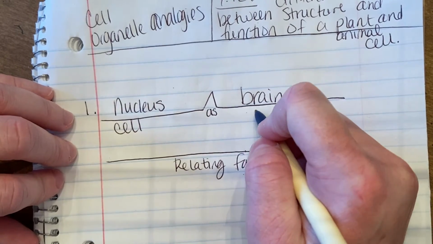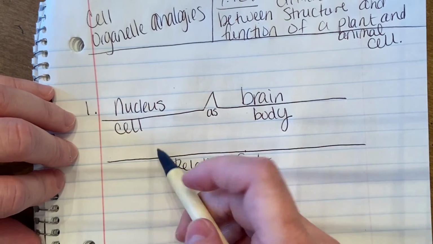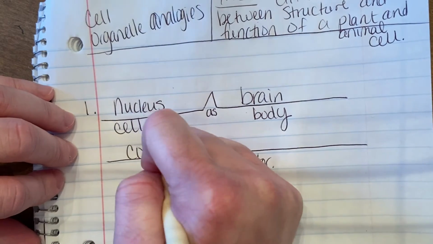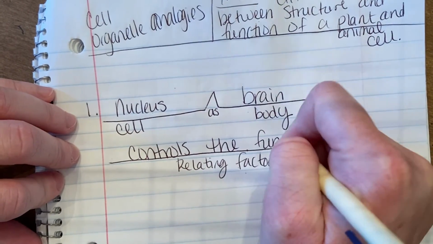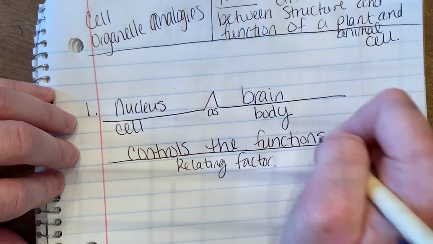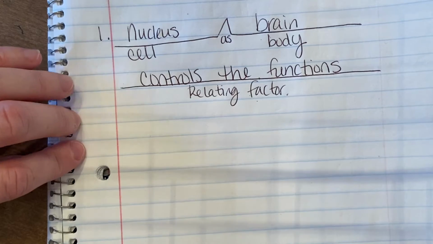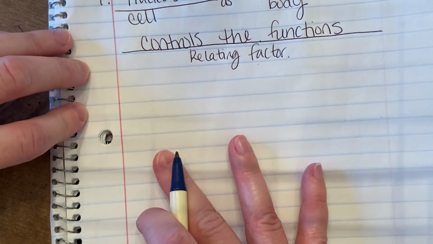Okay, and then a brain you will find in a body, maybe a human body. So a nucleus is like a brain because it controls the functions. Okay, it's the control center. Remember, guys, I'm gonna go fast. If you need to, pause the video. Okay.